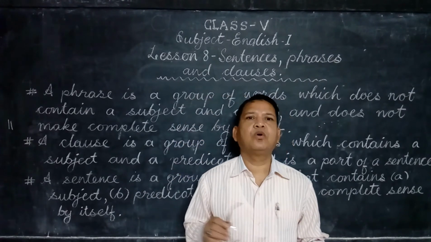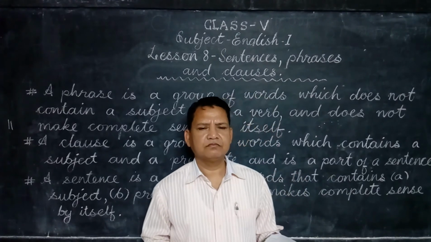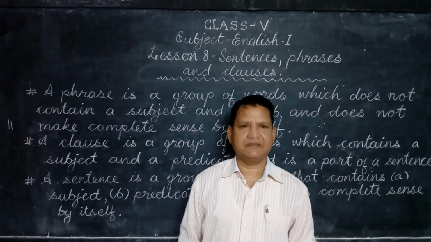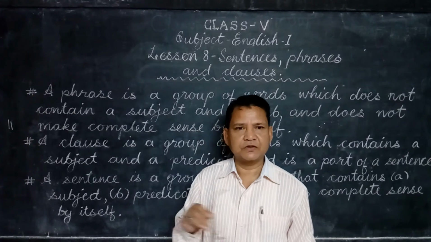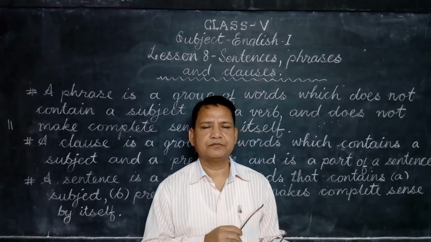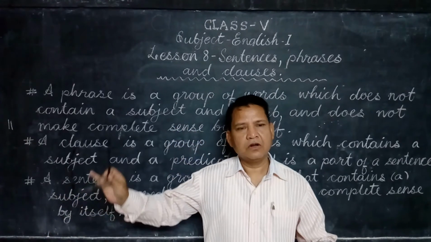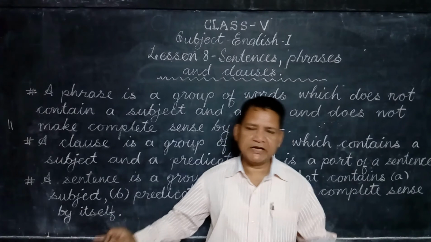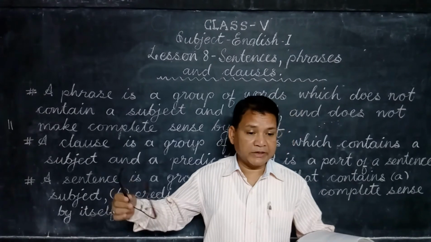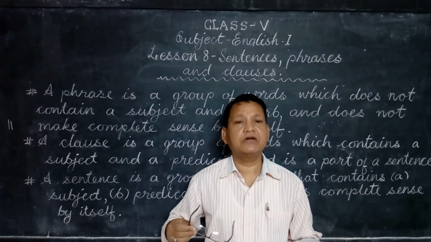I could not go home. It was raining heavily. I've used two sentences. I could not go home. It was raining heavily. See, two different sentences. Now I can join these sentences to make one sense by using a conjunction.